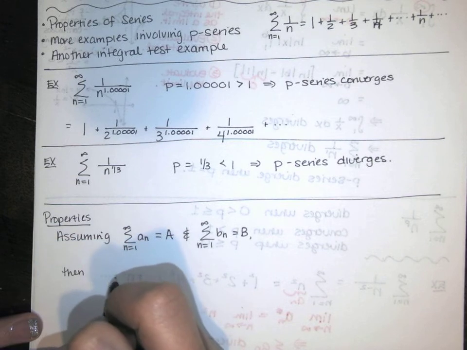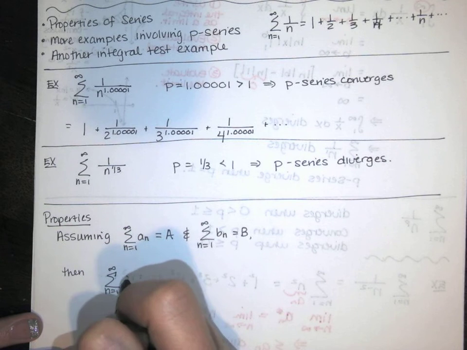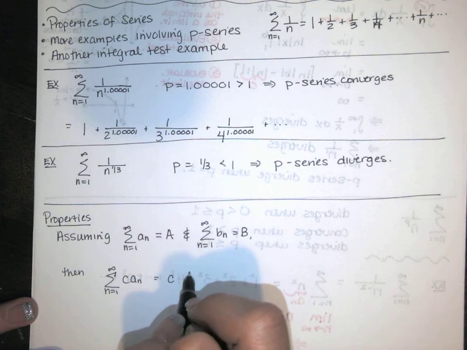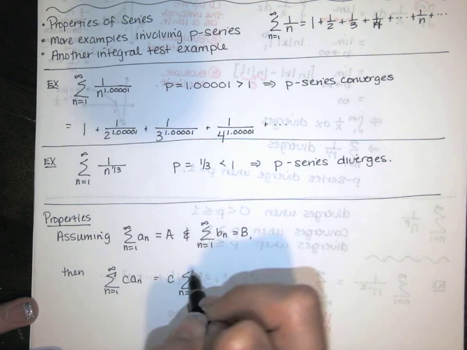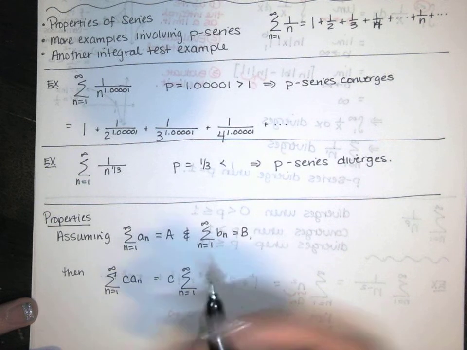If I take the sum as n goes from 1 to infinity of c times a sub n, I can factor the c out from all of the a sub n at once. And that's legal because I've got c times a1 plus c times a2 plus c times a3. Just factor them all out.